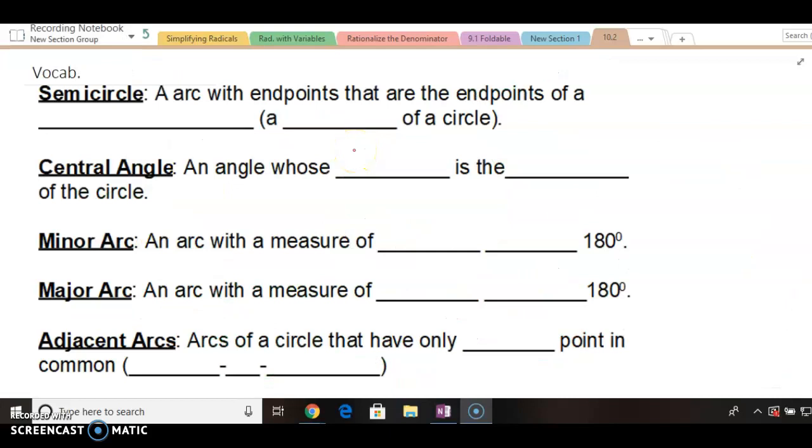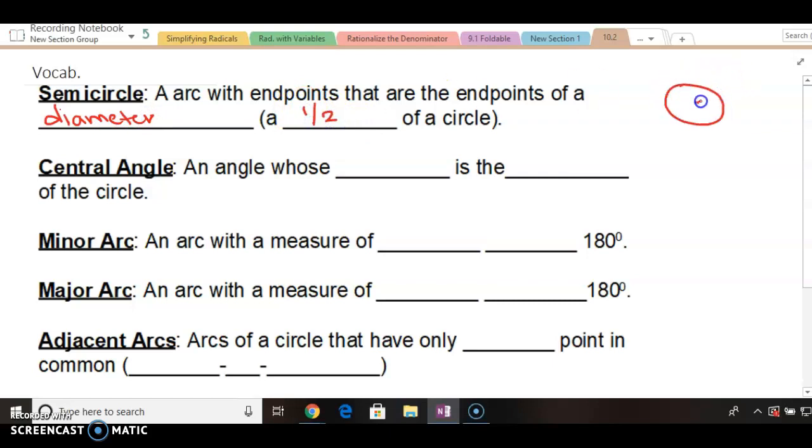All right, guys, so like section 1, we have a whole page of vocab. Some of these you might know, some of these you probably won't, but that's okay because we'll learn them. A semicircle is simply an arc with endpoints that are endpoints of a diameter. A semicircle is half of a circle.